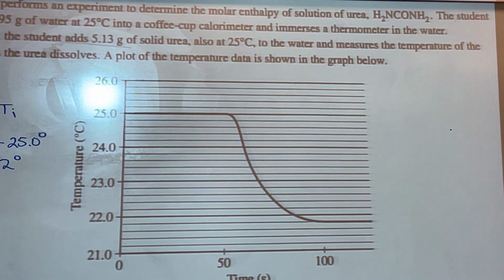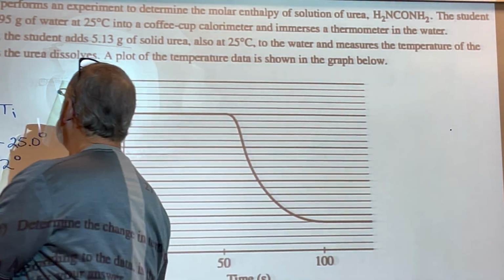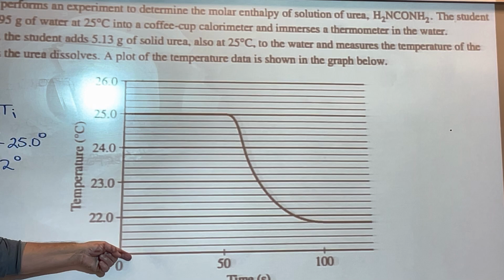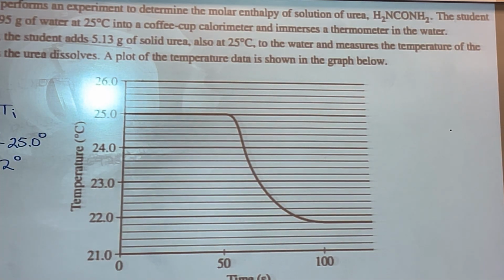Now, question B says, according to the data, is the dissolution of urea endo or exothermic? So since the temperature is going down, what does that mean, endo or exo? Endothermic. The solution's getting cold, so it's endothermic.